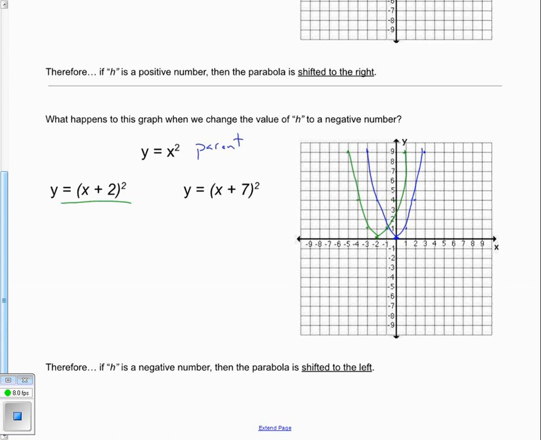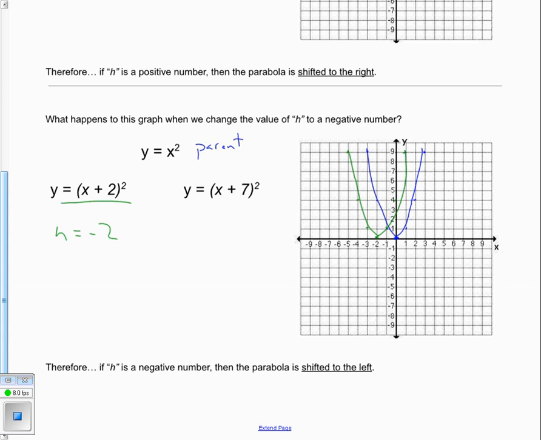And here the h value is actually -2, because -1 times -2 equals +2, and that's what ends up happening inside the bracket.